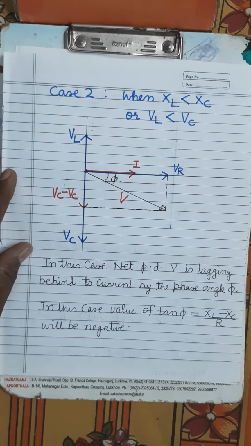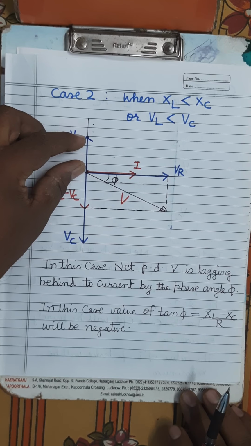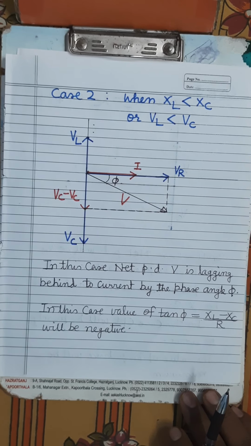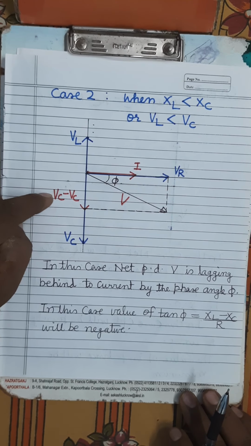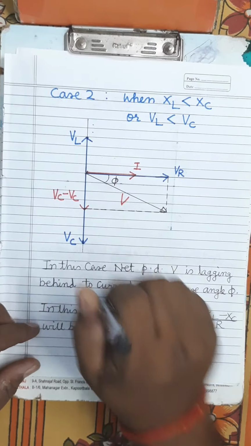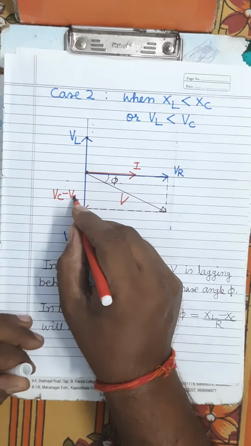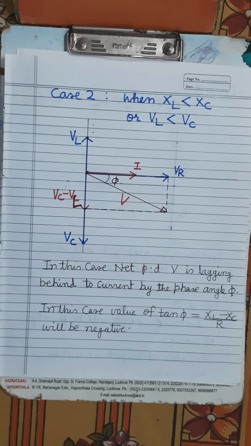Now VL is less than VC means the phasor of VL will be smaller in length and the phasor of VC will be bigger in length. So the net of VL and VC will be VC minus VL, in the direction of VC.